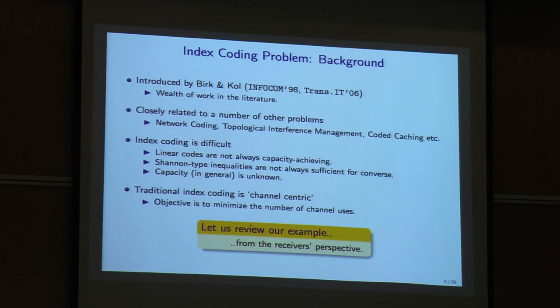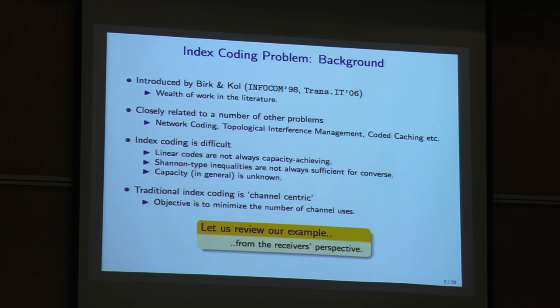And this problem is very difficult. These are some of the reasons why. The first reason is that linear coding schemes are not always enough to achieve capacity. There are index coding problems where you necessarily have to use nonlinear codes to go close to capacity.